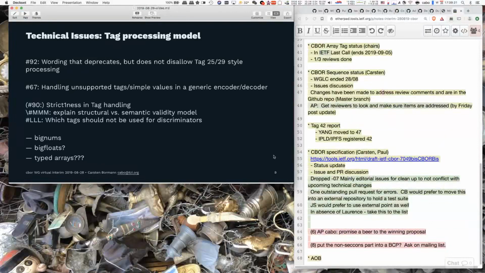Yeah, that also could go into the BCP, but on the other hand, it's a little bit a part of the architecture whether tags should be doing that or not. And I think the agreement is that they normally should not be doing this, but that it's not completely disallowed either.